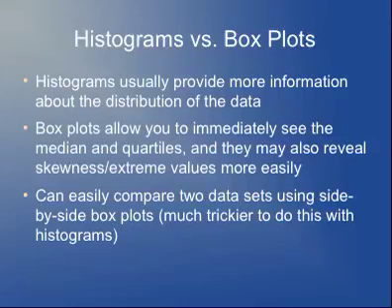Is it reasonably bell-shaped, or is it bimodal, meaning that you have a bunch of people clustered on one value and a bunch of people clustered on another value? You can see that using histograms. That's much harder to do using a box plot. So it really depends fairly heavily on what you're trying to show.